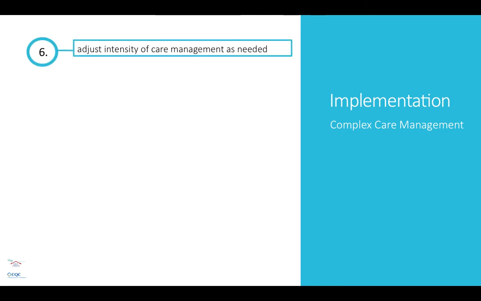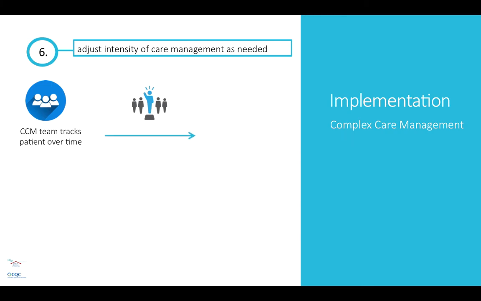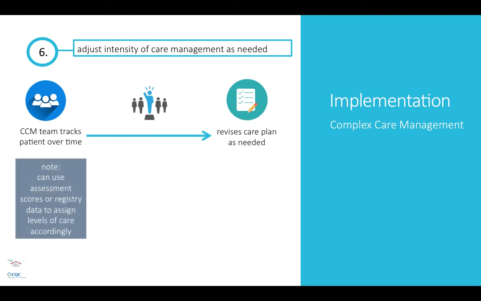The complex care management team tracks how each patient does over time and revises the care plan as needed. Reassessments over time guide the level of intensity of complex care management that each patient needs. Some complex care management teams use their assessment or complex patient registry data risk scores to assign levels of care to a patient that correlate with the frequency of check-ins.